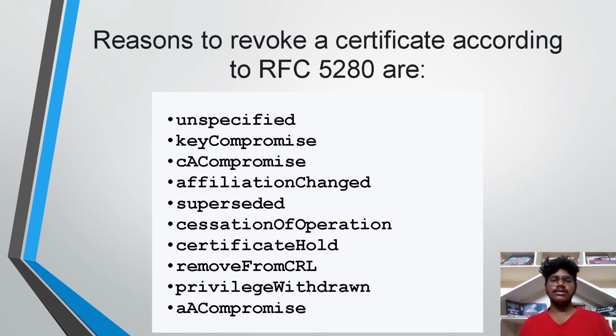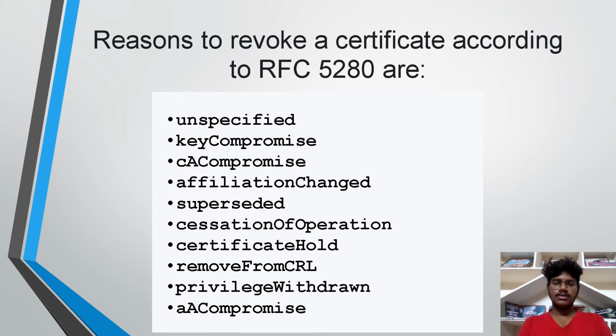The second one is key compromise. The third one is CA compromise. The fourth one is affiliation change. The fifth one is superseded.